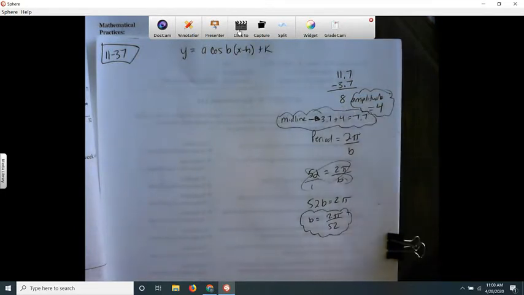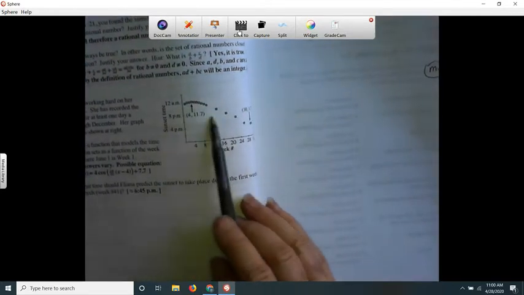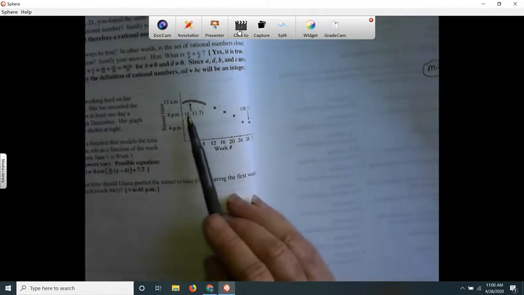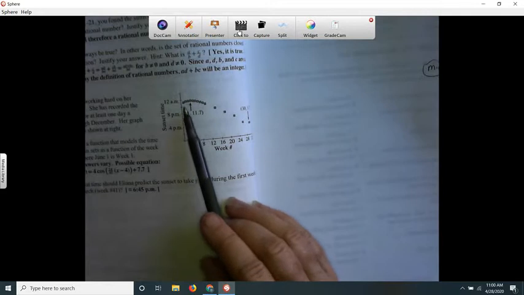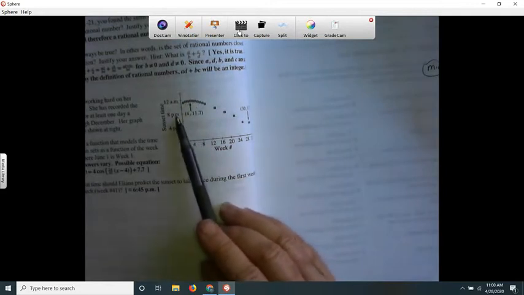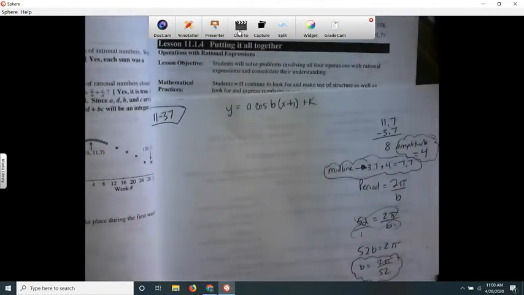The amplitude is going to be 4, because from the bottom to the top all the way is 8, and half of that is 4. So that's our amplitude, and I can just plug that in right here.